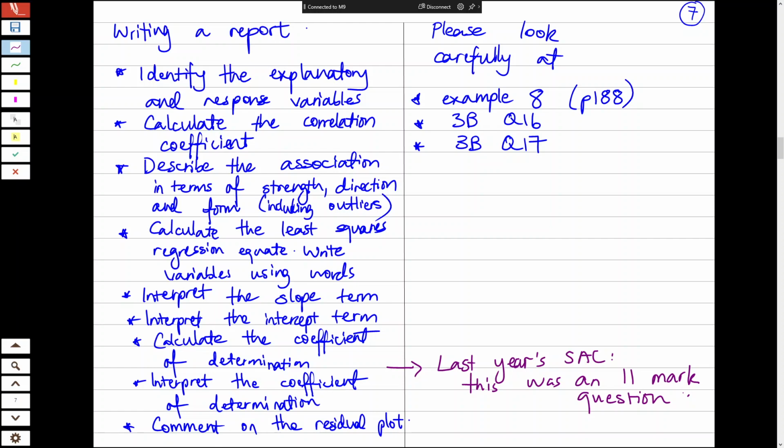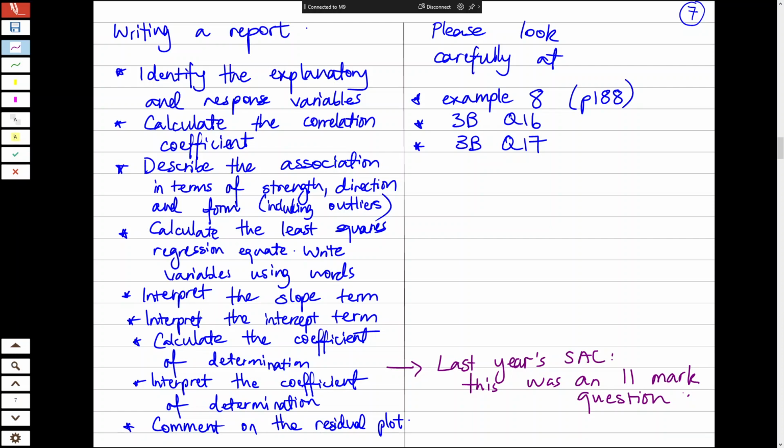Last year's SAC was 40 marks. Okay, so I'm giving you a heads up. This is coming. It might not be 11 marks this year, but a big achievement of doing this course is that I can give you some raw data. You can chuck it into the CAS, you get all the statistics, but you don't just tell me the numbers, you tell me the story.